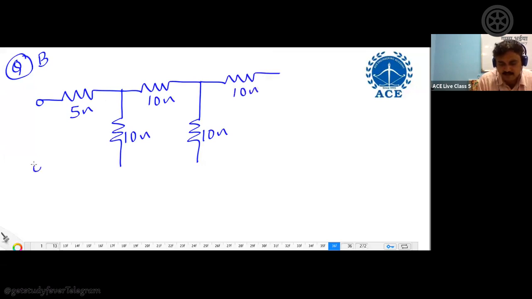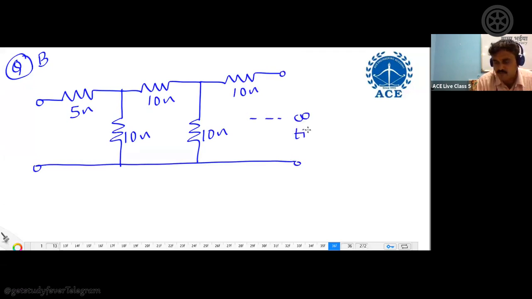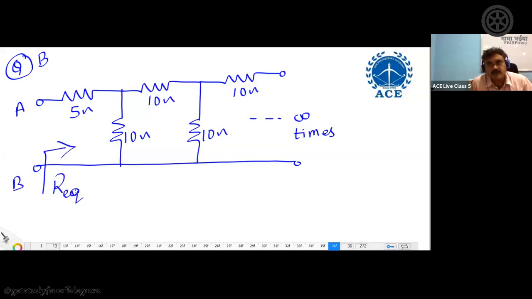And this is repeating an infinite number of times. What is the R equivalent seen across the terminals A and B? What will be this value?